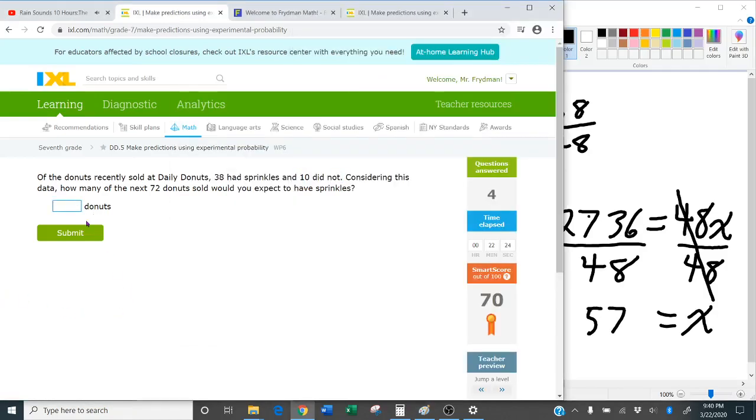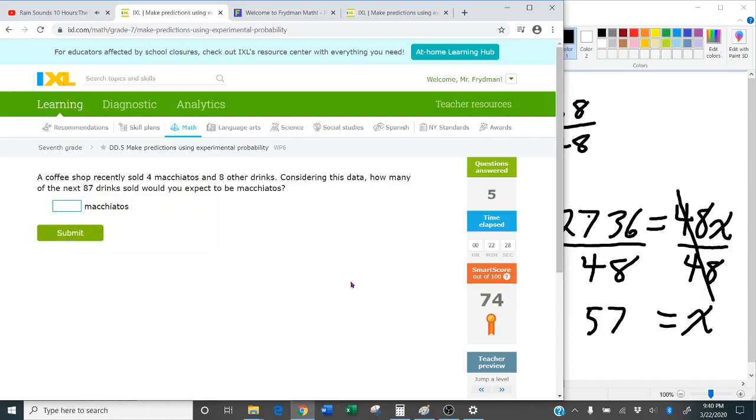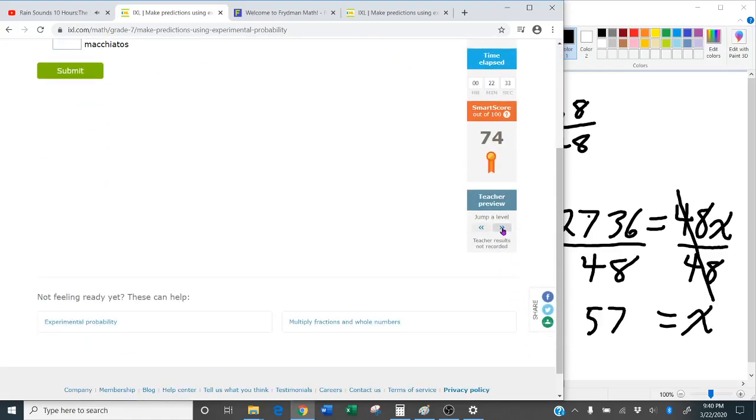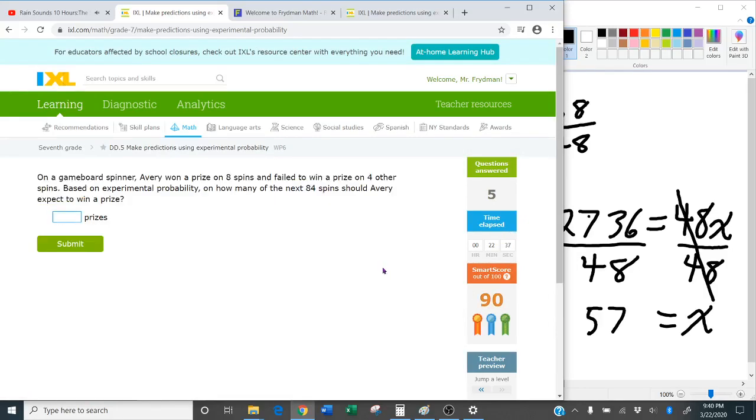Okay. Let's move on. Yeah, let's move on. I think the rest of the questions are really about the same. On a game board spinner, Avery won a prize on 8 spins and failed to win a prize on 4 other spins.